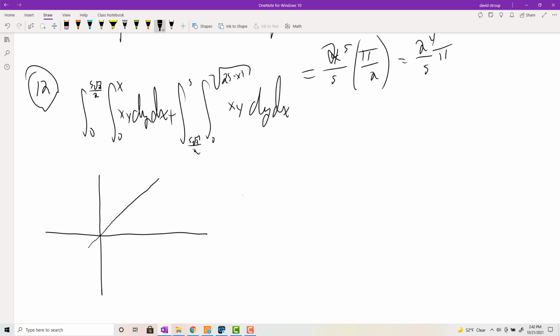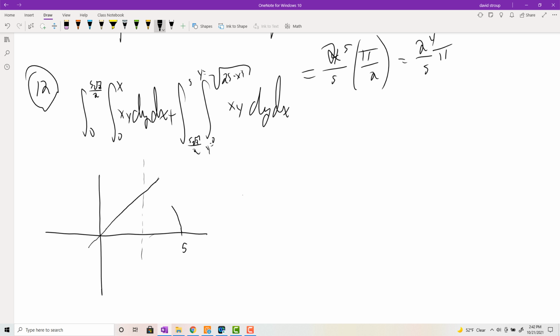I'm going from 0 to 5 root 2 over 2, whatever the heck that is. I'll just put it right here. And then for the next one, it's going from 5 root 2 over 2 to 5. Okay, so out here to 5. On the inside of the integral, you see it's going from y equals 0 to y equals the circle with radius 5.